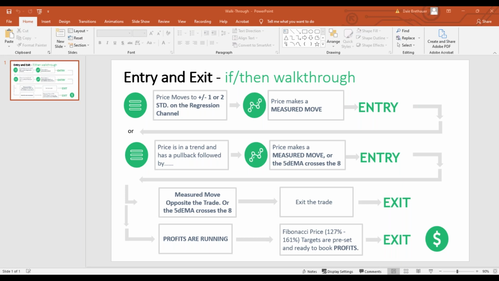This slide and the next slide, you can always come back to this webinar and you'll have it right here. These are the two things that you need to be locked in your brain to do over and over and over again, and you will become a success.